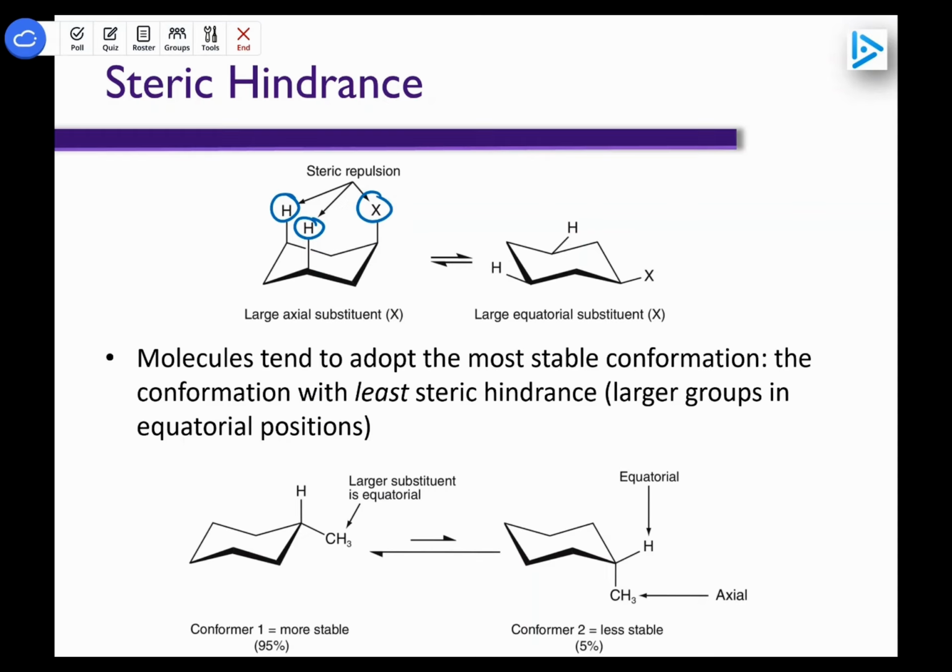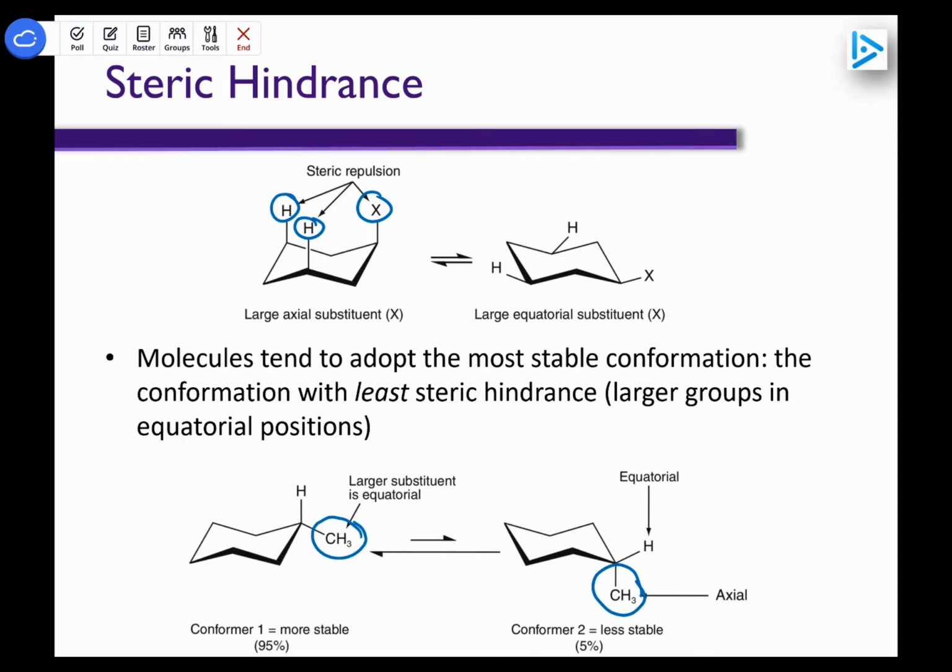But if we do that flip-flop, we can see all of these indicated substituents are now in equatorial positions. So depending on what the molecule is, what the substituents are, we can compare chair 1 versus chair 2, with that flip-flop flexing, to see if it's going to be in an equatorial or an axial position.